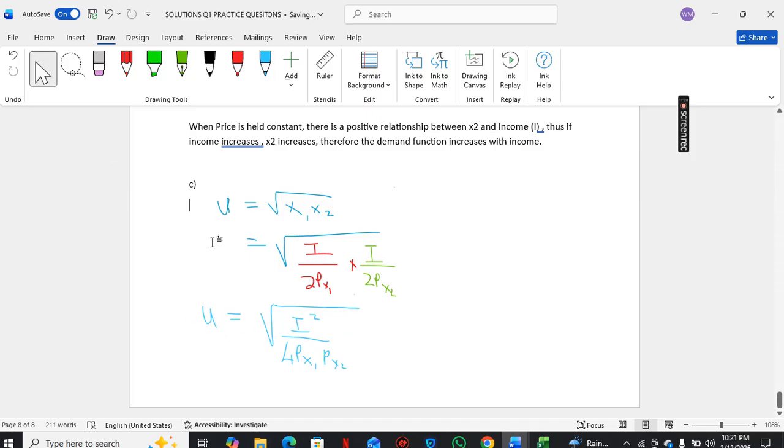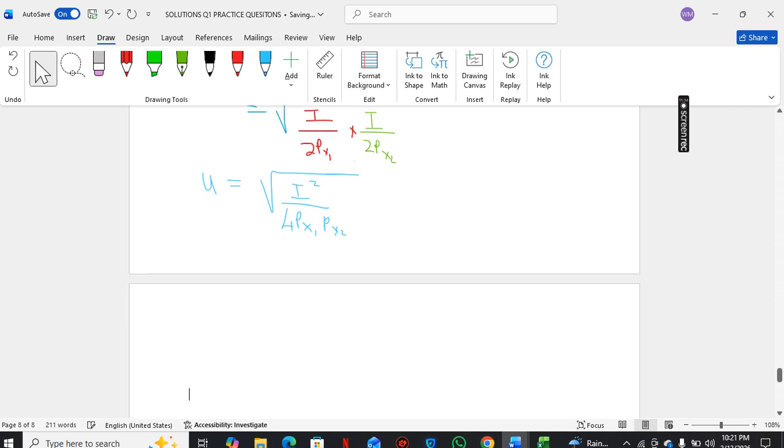But we can simplify this further. Okay, this is how you can simplify it. If you remember, according to the laws of surds, the square root of a over the square root of b is the same as the square root of a over b.